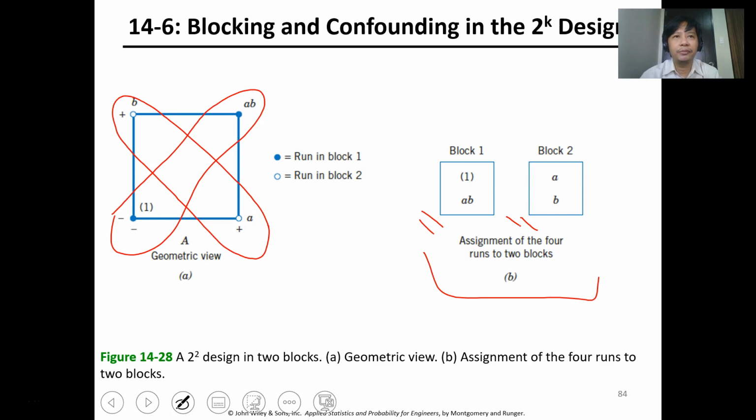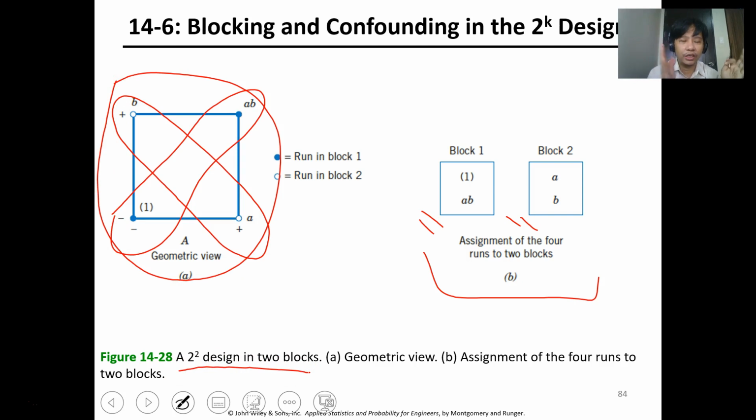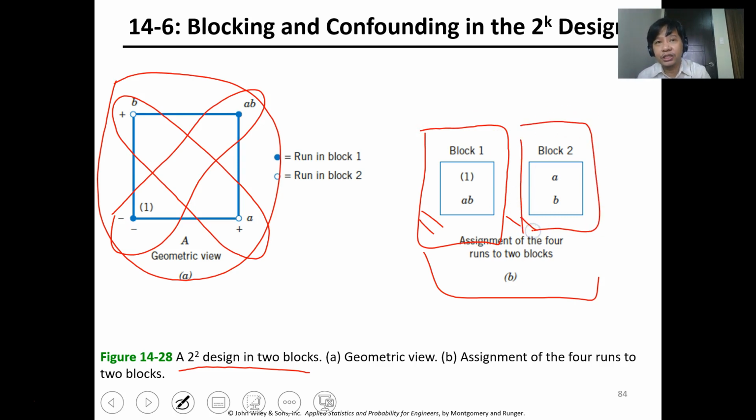Instead of running a 2x2 design in one equipment and another 2x2 design on another equipment, we'll just divide the runs. The run for (1) and AB will be for one equipment, and the runs for A and B will be for the second equipment.